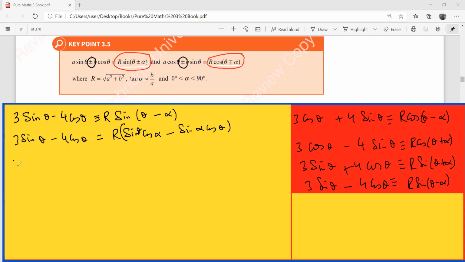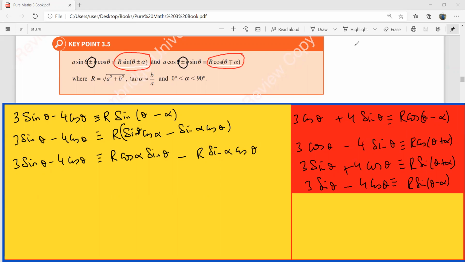Let me expand this. This is 3 sine theta minus 4 cos theta. I should use this identity mark here. This is r cos alpha. I'm intentionally writing it like this. You will find out why. Minus r sine alpha cos theta.